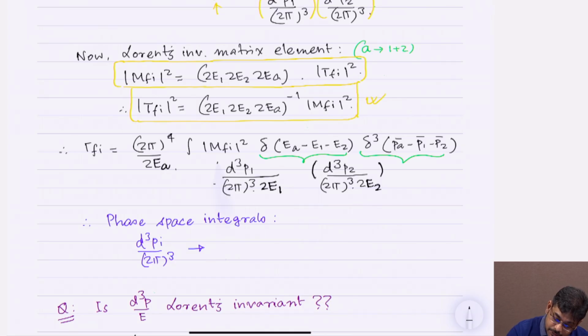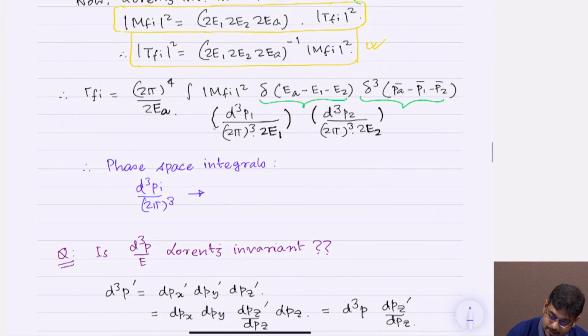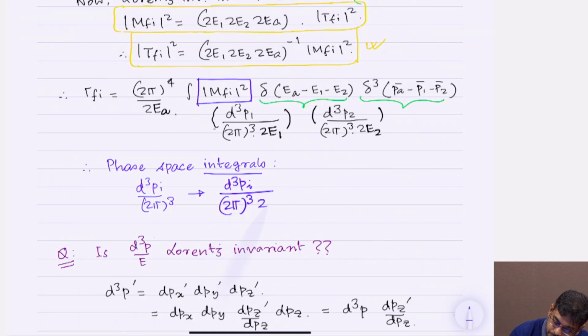So, in a sense you can say that the phase space integrals were d^3p_i by (2 pi)^3, but once we inserted the Lorentz invariant matrix element squared in the transition probability, this integral has changed into something like d^3p_i by (2 pi)^3 into 2E_i.